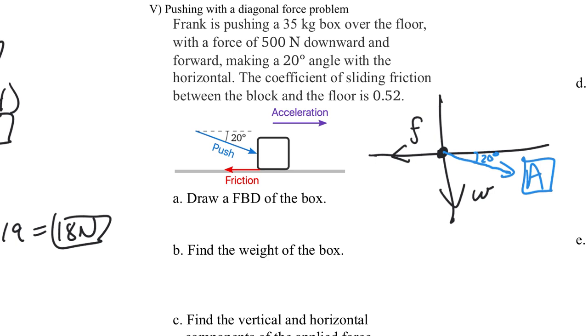So I have to realize that N is greater than the weight, again, because someone's pushing down on you. So your weight doesn't change, the scale reading changes. And the scale reading is what we call the normal force. Okay, so there's my free body diagram.